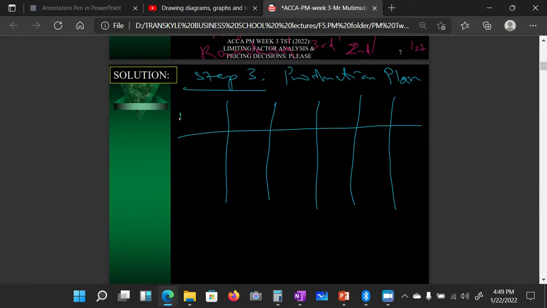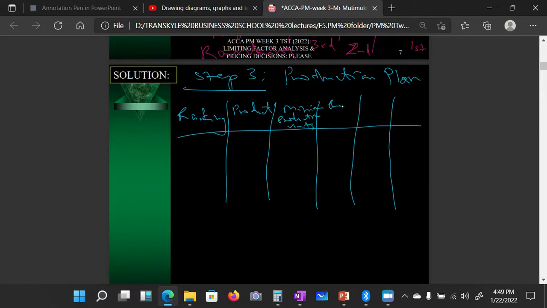Then we have ranking here, and then the product, then minimum production. We calculated this minimum production on the first table, so don't worry.